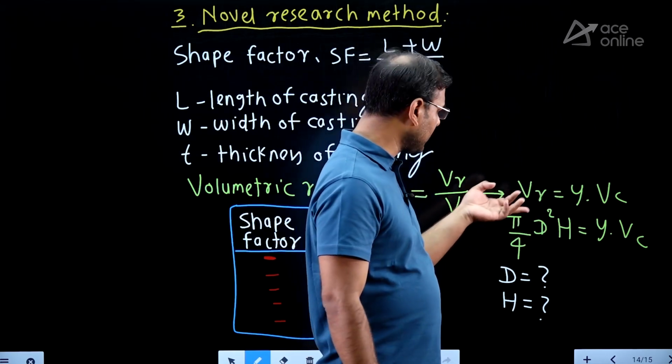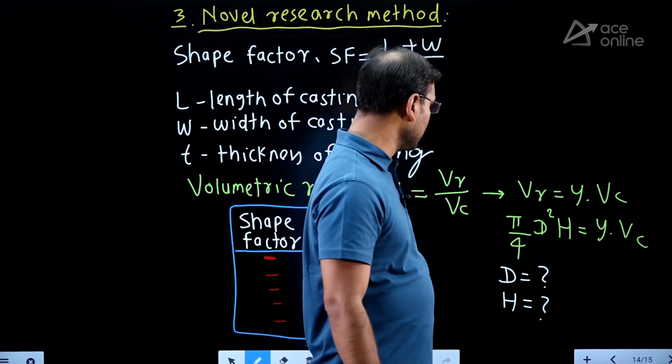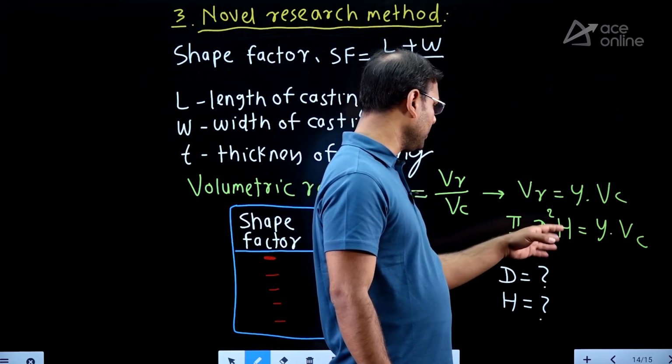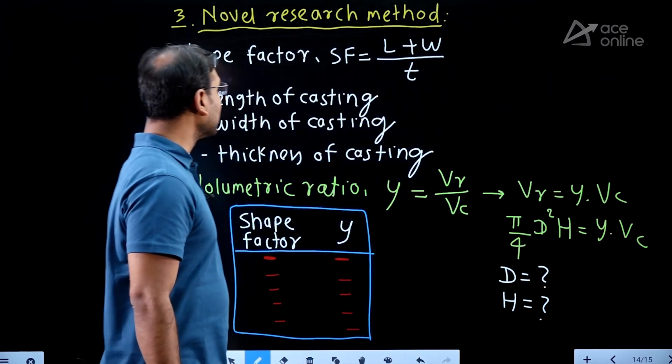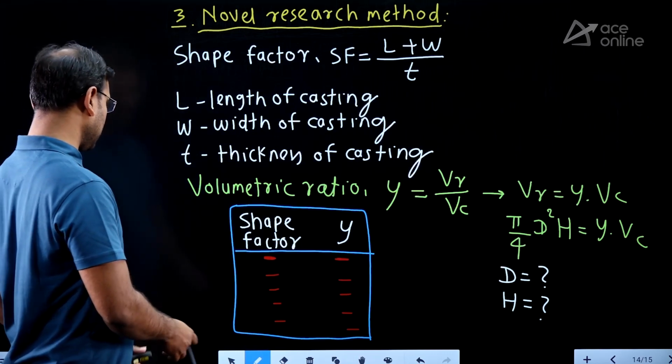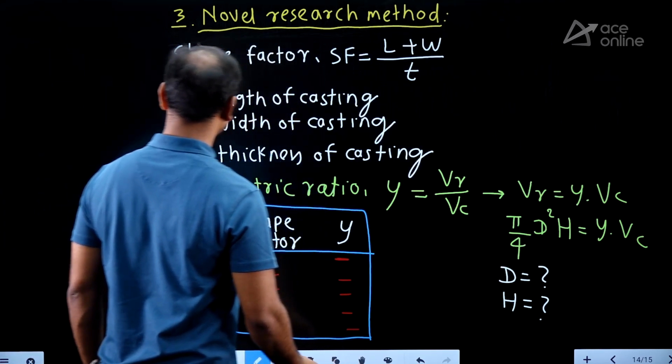If it is a side riser, then we put H equal to D, therefore pi by 4 D cube is equal to Y into Vc, then we can get the value of D and H, and this method, guys, is the novel research method of riser design.